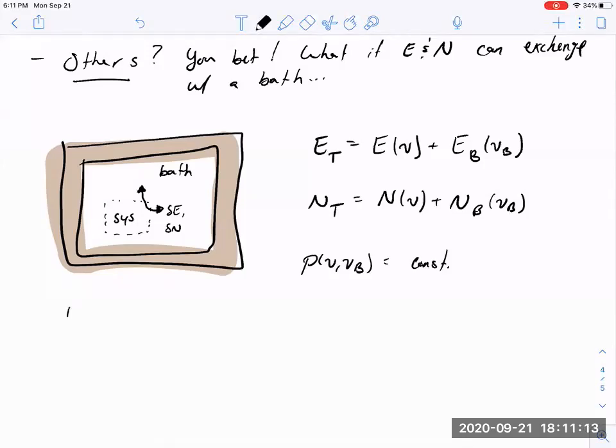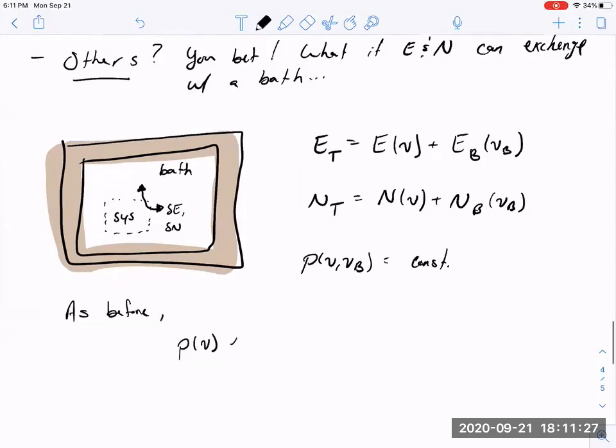But as before, if we are interested in just the system, the probability of observing just the system, irrespective of what the bath is doing, is going to just be proportional to the number of ways the bath can exist, such that the constraints globally are satisfied.